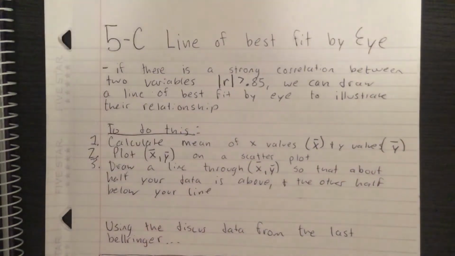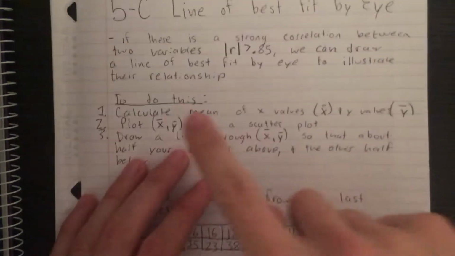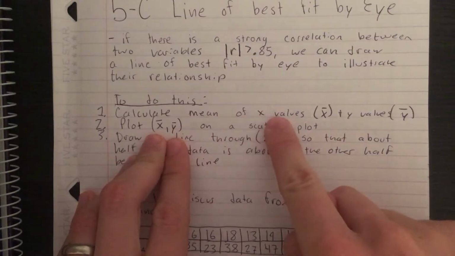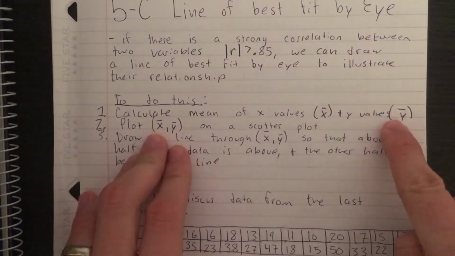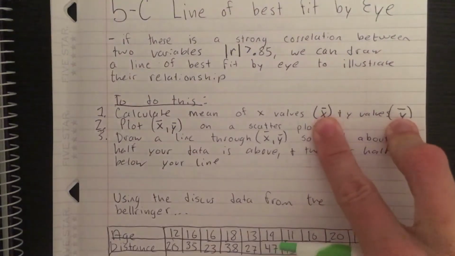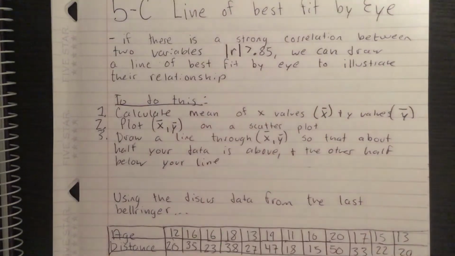Now, in order to do that, the first thing that we have to do is calculate the mean of the x and the mean of the y, so x bar and y bar there. Because this is actually going to anchor the line of best fit that we're going to draw.